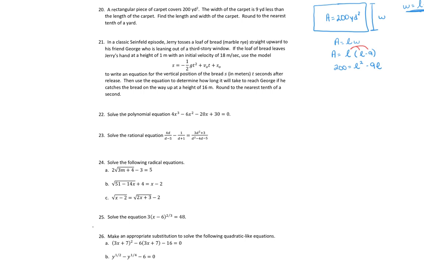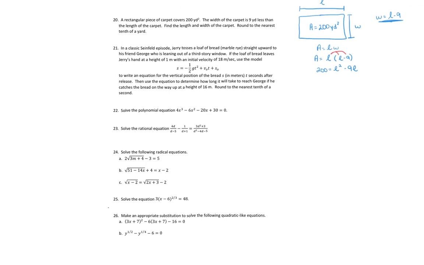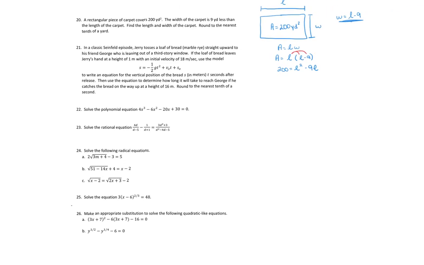So I'm going to be using the quadratic formula, which, if you remember from the last slide, is x equals negative b plus or minus the square root of b squared minus 4ac, all over 2a.